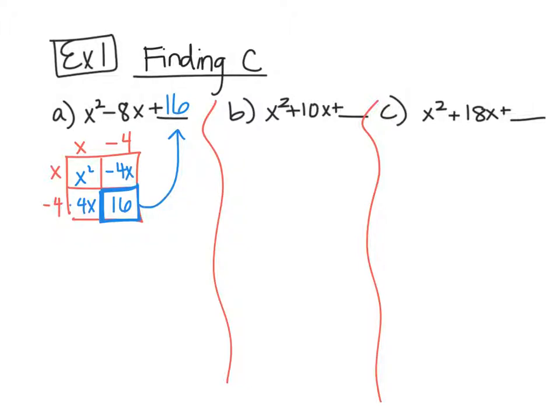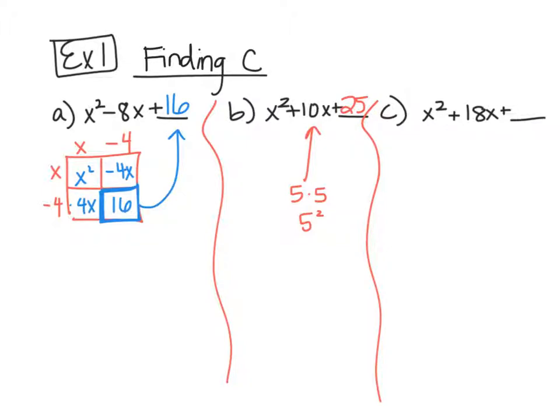Another way to do that, you may notice, is to think about how to split this number in half. So for example, on B here, half of 10 is 5. And so to find my last number, I just do 5 times 5, or 5 squared. 5 times 5 is 25. In our last example here, I want to break 18 apart in half.